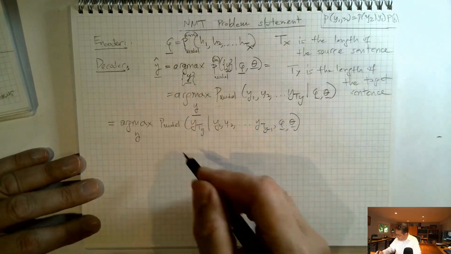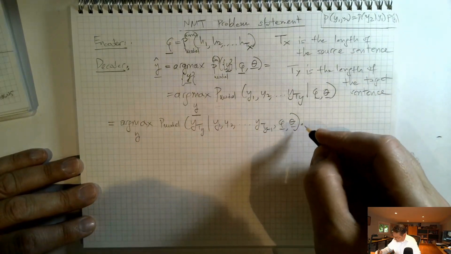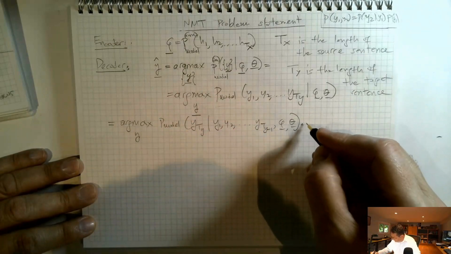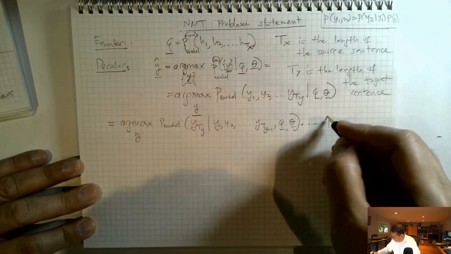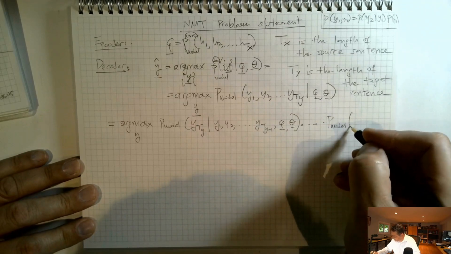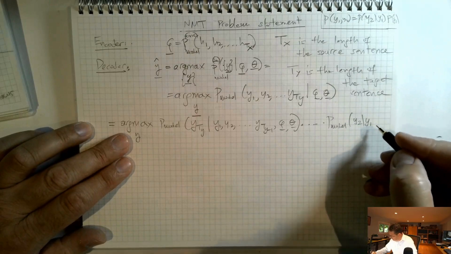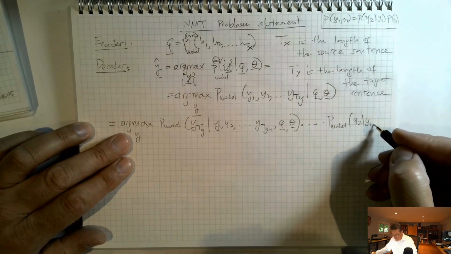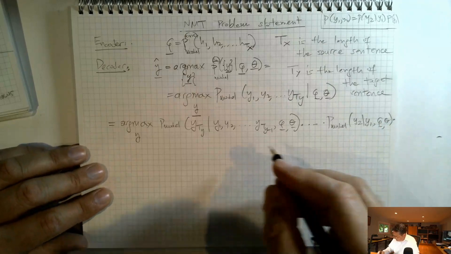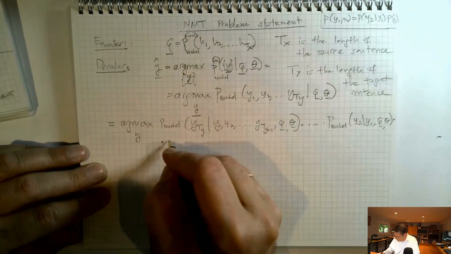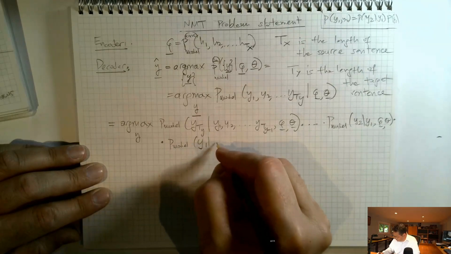We're just rewriting this as a product of the individual probabilities. So this is now P model of y2 given y1, comma phi, comma theta, times P model of y1, comma phi, comma theta.